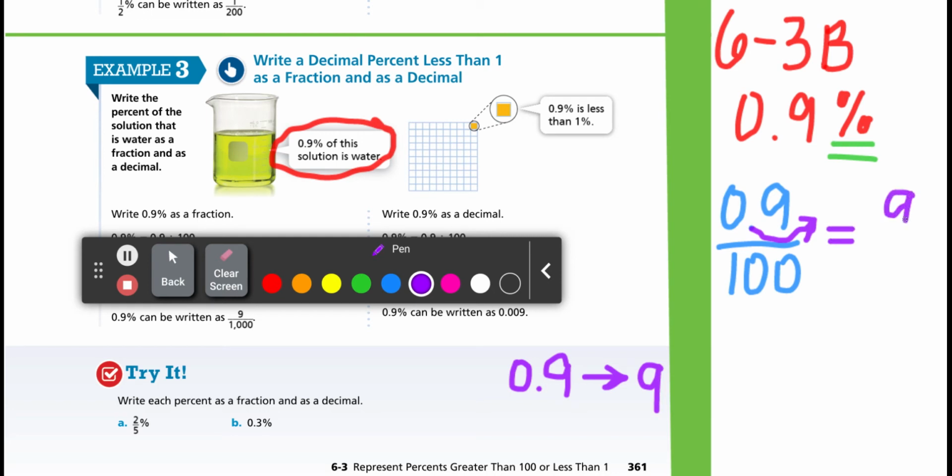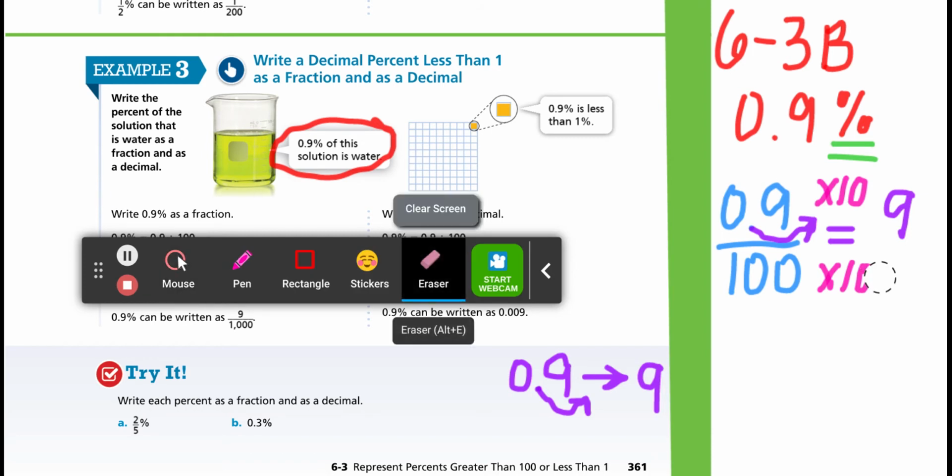So let's think about what that math is. If we're moving the decimal one time to the right, really, what are we multiplying by? We're multiplying by 10. So 0.9 times 10 is 9. Well, whatever you do to the top, you have to do to the bottom, times 10. Let me erase this for a second.